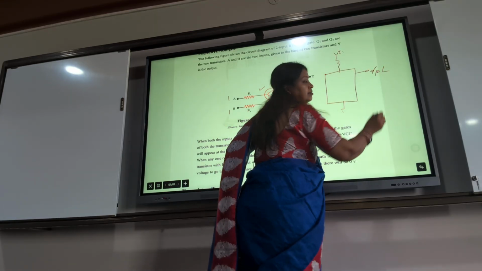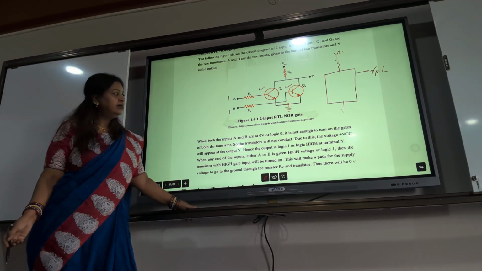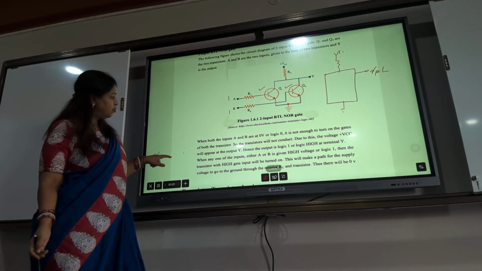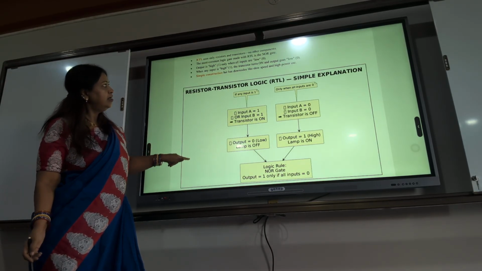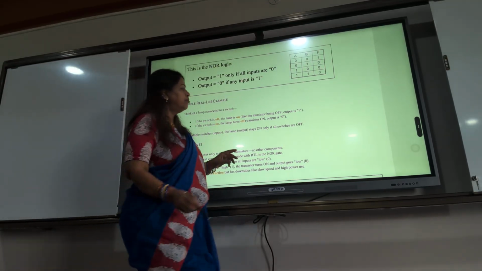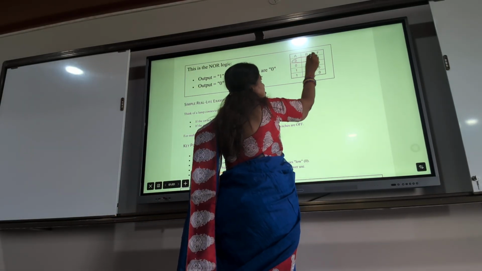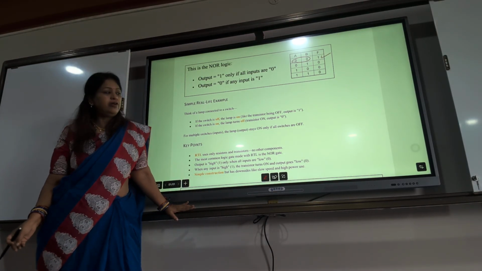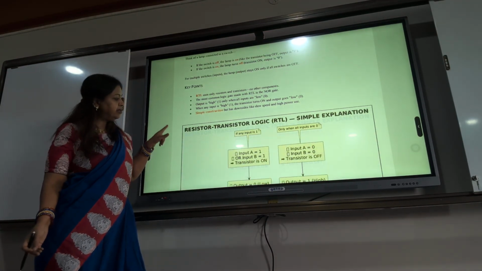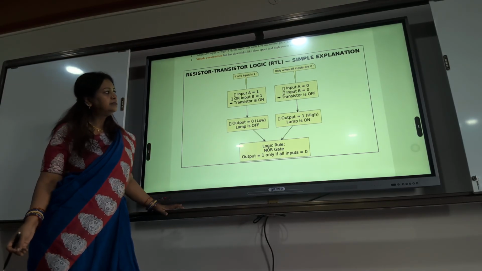The output is grounded from both sides, so the output will be 0. So this is the NOR gate. Only when both the inputs are 0, the output is 1. In all other cases, it is 0. You have to draw the circuit and explain. So you can also use this.